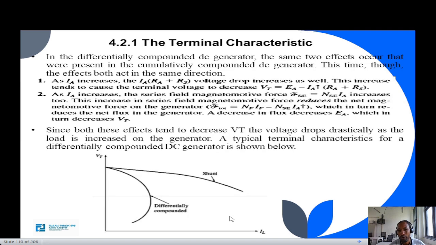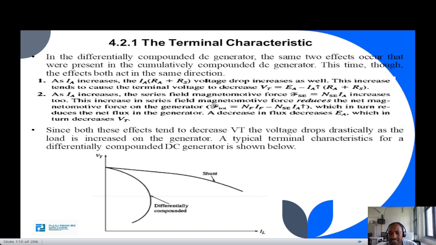When you see the terminal characteristics of the differential compound DC generator, the two effects that were present in the cumulative compound DC generator are there. In the cumulative case both effects act in the same direction, but here, what is the difference?